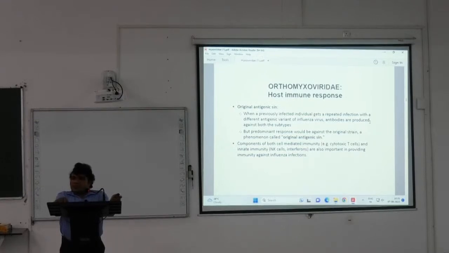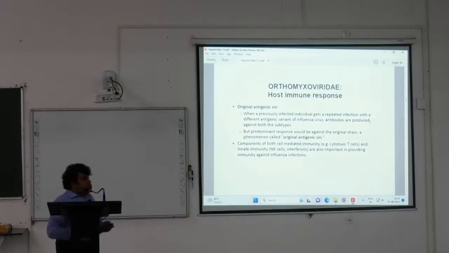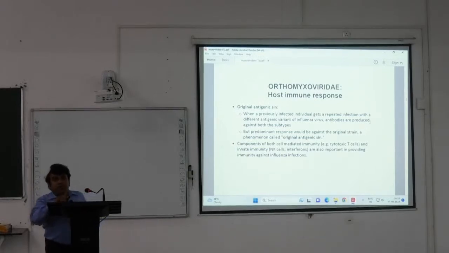Now, suppose this person is again infected with another influenza virus with a different antigenic structure. What will happen? It will start producing antibodies again. Because it has been exposed to the antigen previously, it will produce antibodies against the previous antigen in a higher quantity than against the newer antigen. This is called original antigenic sin. Simple.